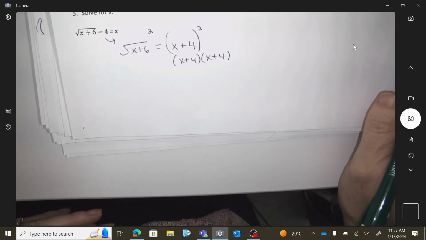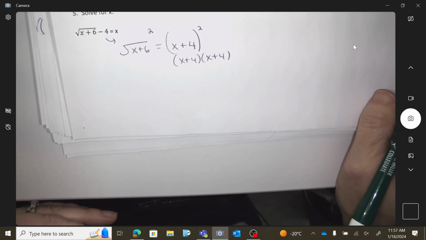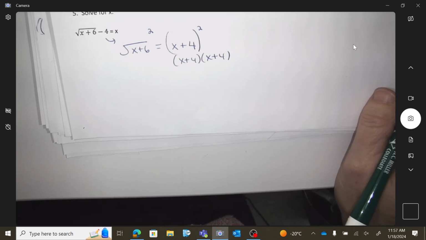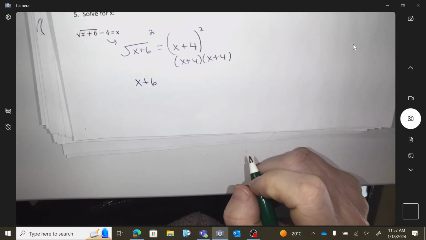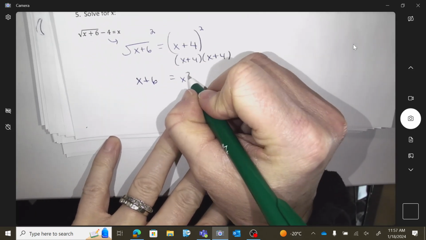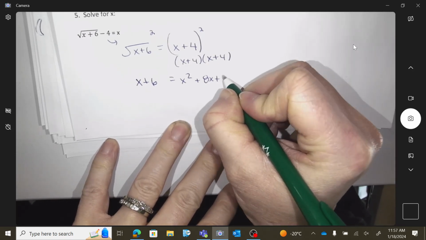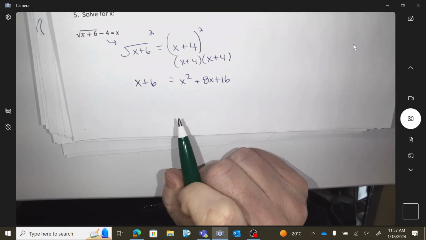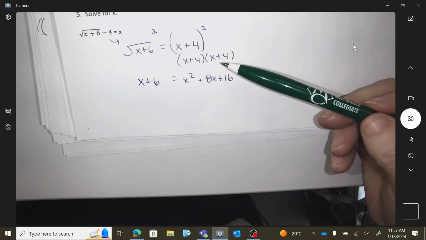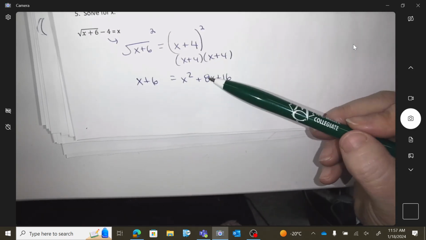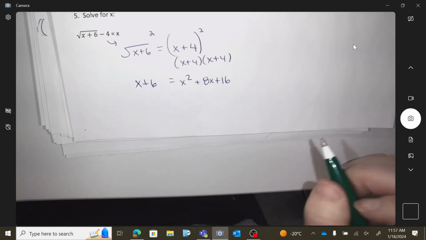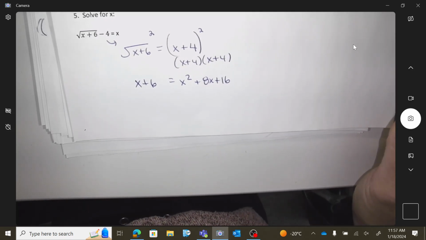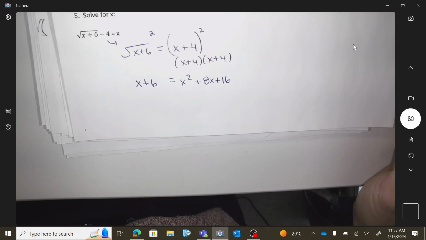Not individuals, you're squaring the unit. Square, square root, that's nice. Cancel. Okay, this should be faster for you now because you know all those, it doubles to the middle, squares to the outside, right? Perfect squares, double to the middle, square to the outside.